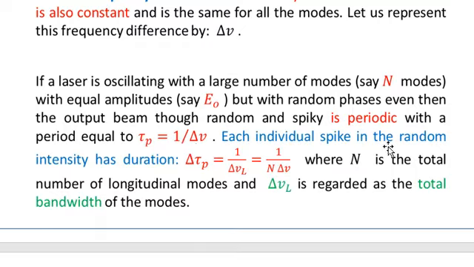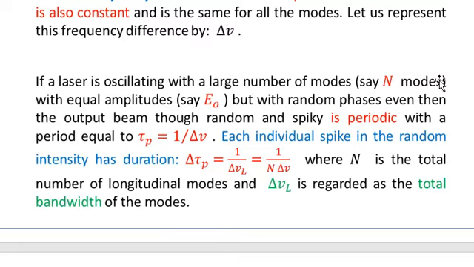Each individual spike in the random intensity has a duration delta tau p is equal to 1 over delta nu L, which is equal to 1 over n times delta nu, where capital N is the total number of longitudinal modes and delta nu L is regarded as the total bandwidth of the modes.